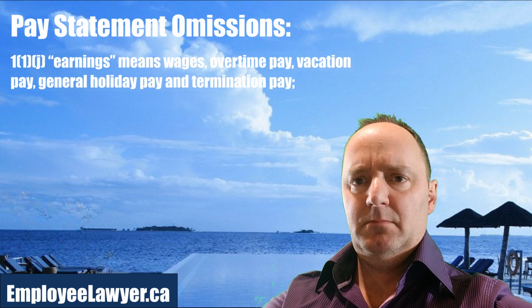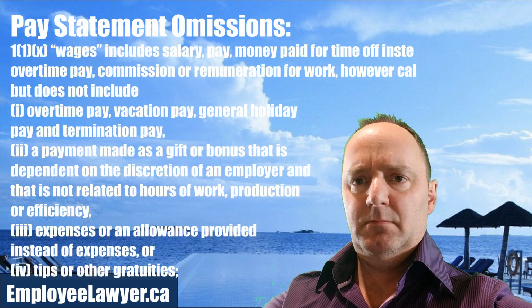Now, we talked about wages briefly before in the definition of wages 1 sub 1x sub x, where there are many wage components that are brought in together to form wages. And the code does not say you have to talk about in different parts what those components are.